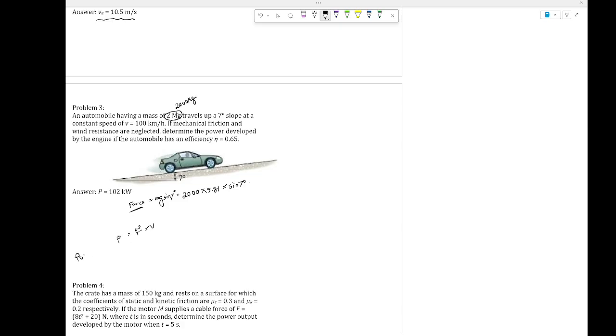So this is the power. And if you'd like to use the efficiency equation here, the power of an engine is P divided by efficiency. I just gave you all three equations. I don't want to talk any further. Please read through the problem and try to solve it based on these equations.